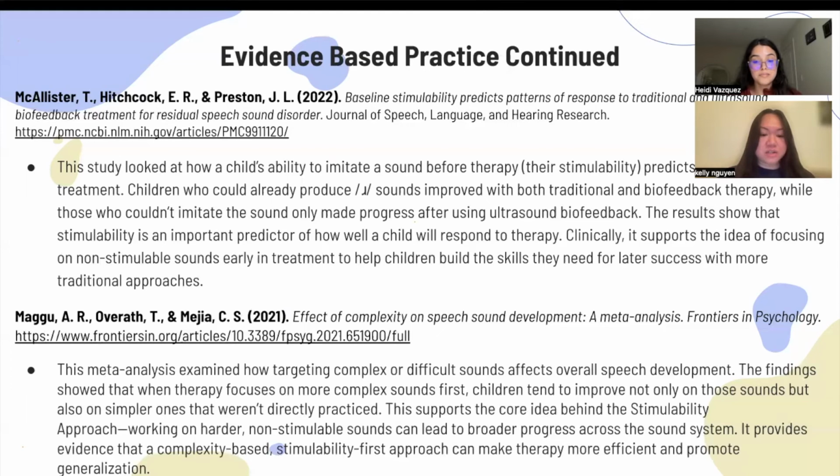Working on harder, non-stimulable sounds can lead to broader progress across the sound system. It provides evidence that a complexity-based, stimulability-first approach can make therapy more efficient and promote generalization. The next two slides are an example video of the stimulability approach and a family-friendly flyer.